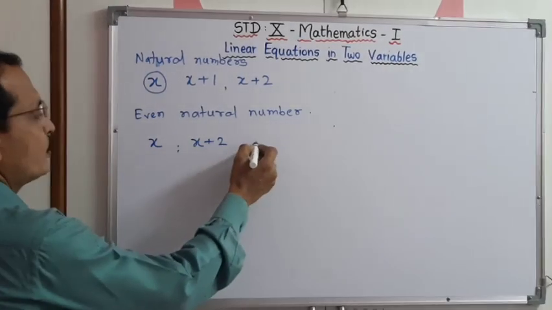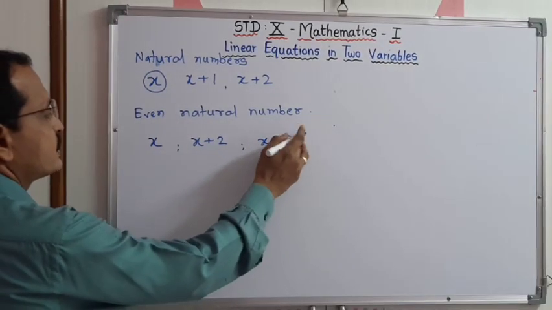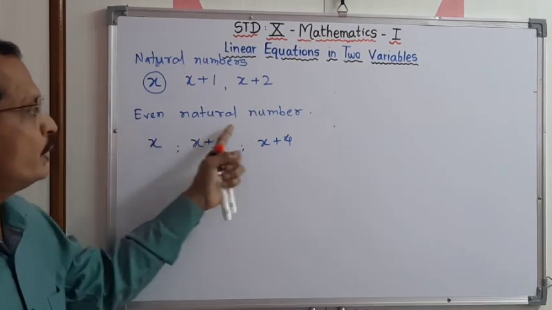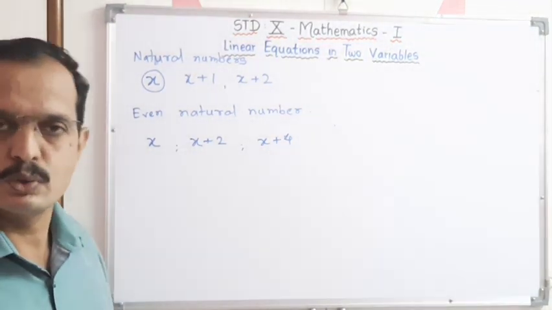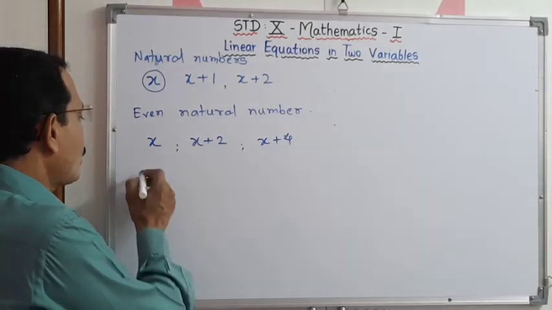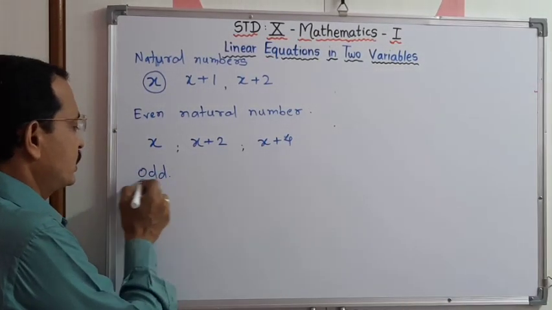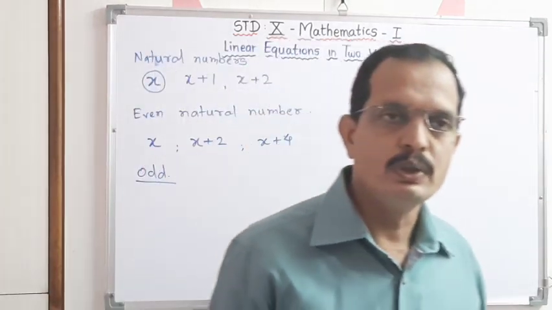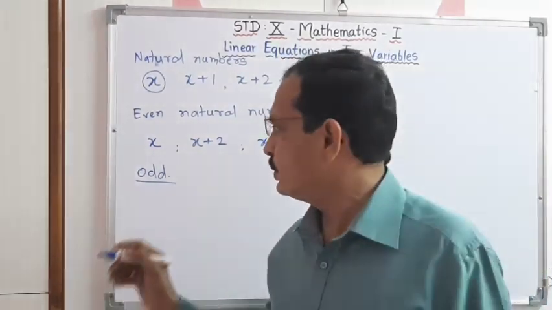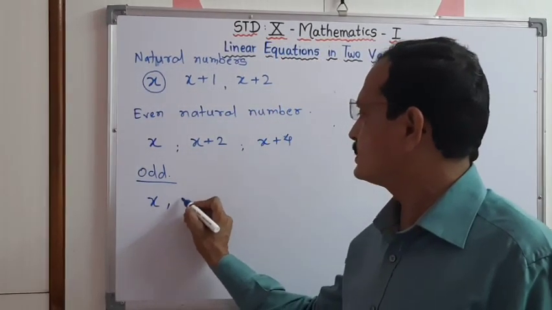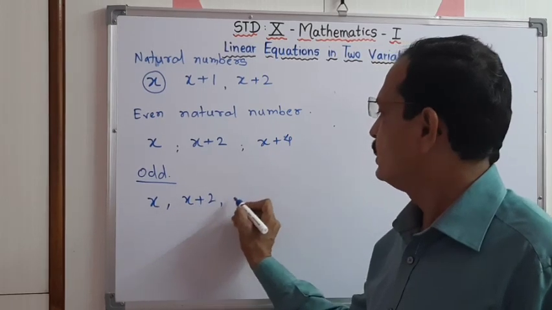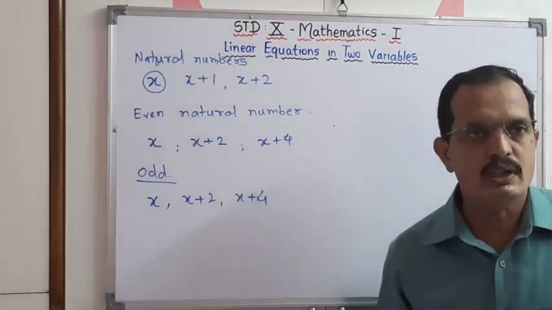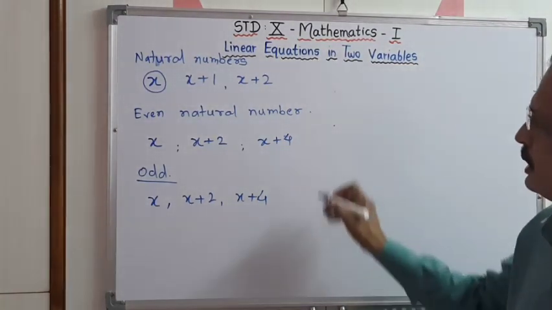Like this, it is x plus 4, because the difference between two consecutive even natural numbers is 2. Same is for odd natural numbers. The difference between two consecutive odd natural numbers is also 2. Therefore, first we assume x, then the second will be x plus 2, then it is x plus 4.